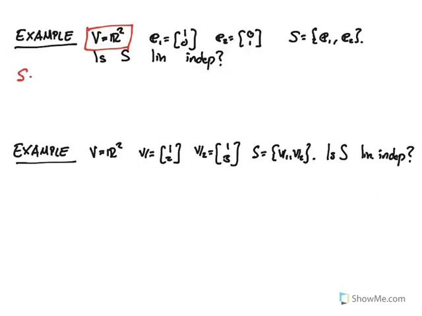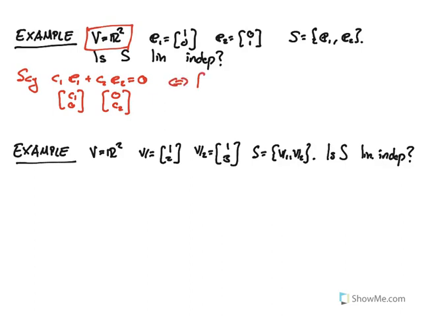So say c1 e1 plus c2 e2 is equal to 0, the zero vector. Now the question is, does this imply that both c1 and c2 are 0? If that's the case, then the answer is yes. Writing this out, c1 times e1 is just the vector (c1, 0), and c2 times e2 is just the vector (0, c2).